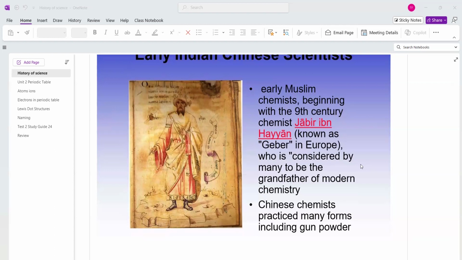Particularly the Middle East, they were not given any credit for doing any of this early stuff. We're talking 9th century. This is really a long time ago. Anyway, my point is that modern chemistry did not evolve from just Europe. It evolved from the whole world.